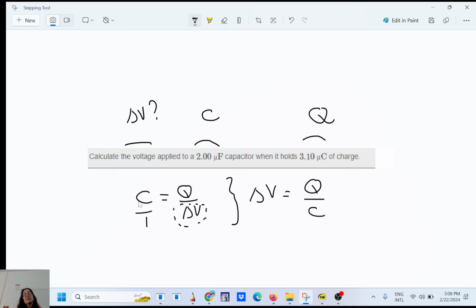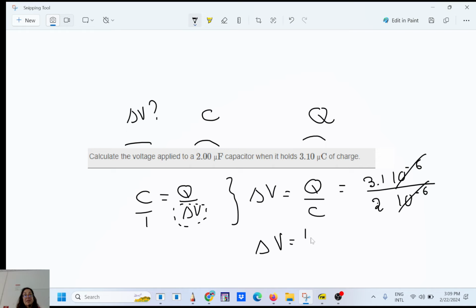Because you cross multiply, divide. So here, look, you don't have to deal with scientific notation because the powers of 10 cross out, and you see you can do it in your head. 3 divided by 2 is 1.5 about.